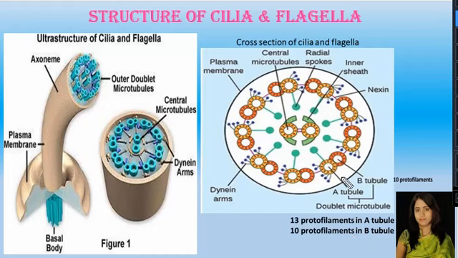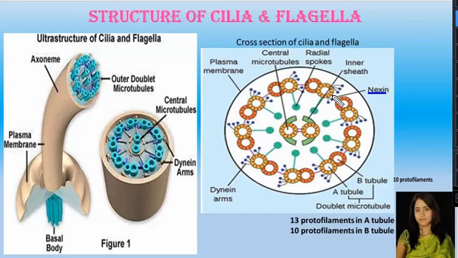Then the adjacent doublets, for example this doublet and this doublet, are interconnected by a proteinaceous filament called nexin. So each doublet is connected by a bridge.